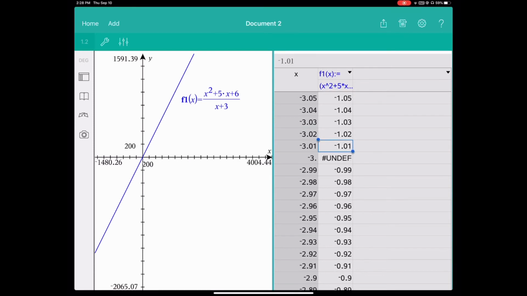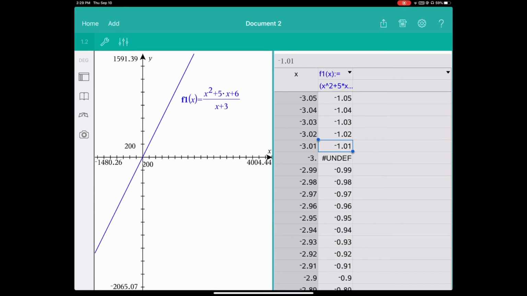So sometimes you have to change that to really clearly see what's going on. So the stuff below -3 would represent the left-hand limit, and the stuff above -3 would be your right-hand limit. So if those appear to be approaching the same value, then the limit exists.